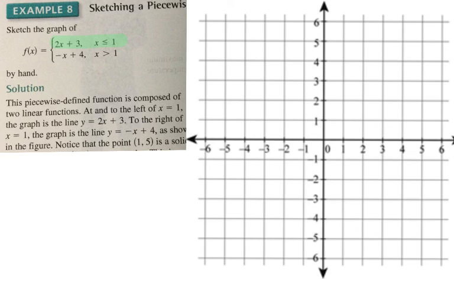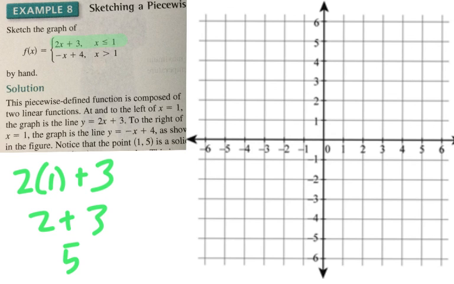I know when x is 1, I've got some things going on here. So if I plug in 1 for x, what is my y value? 5. So I know (1, 5) is a point that's included in this top piece of my function.